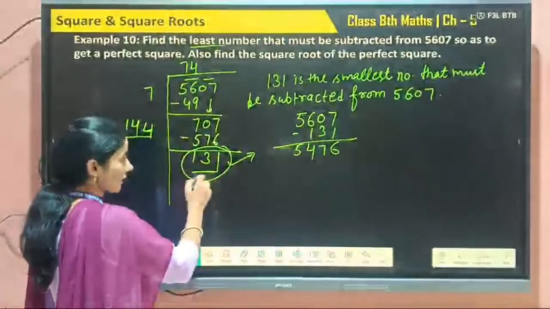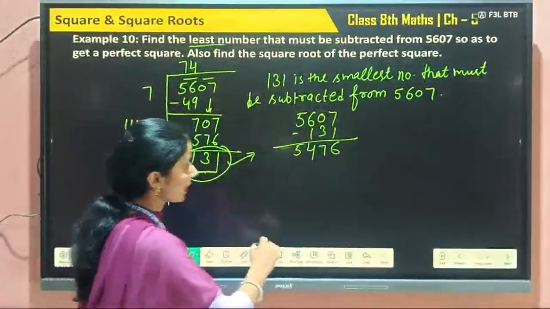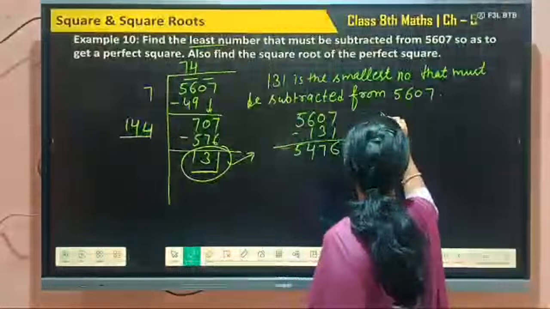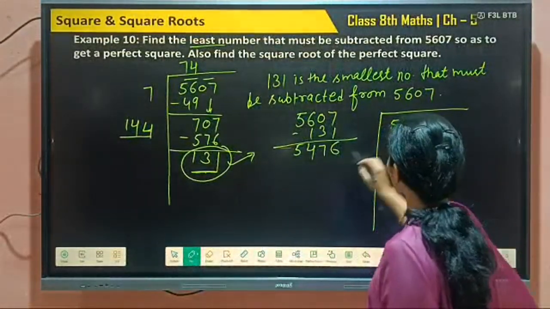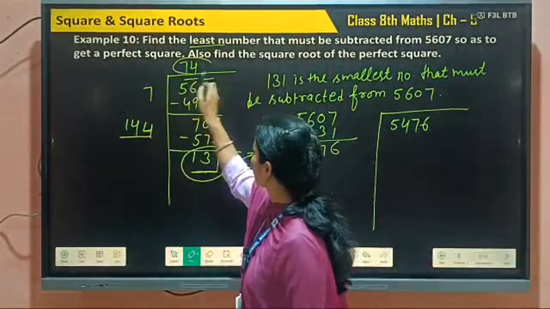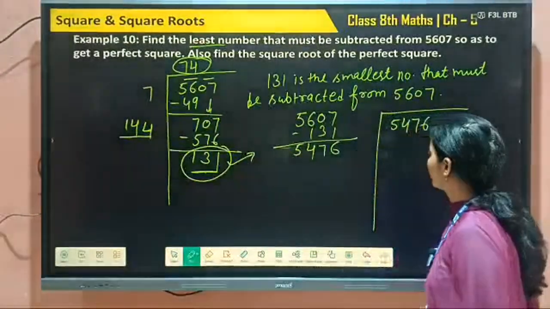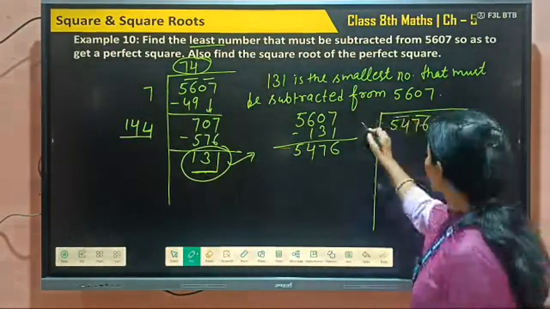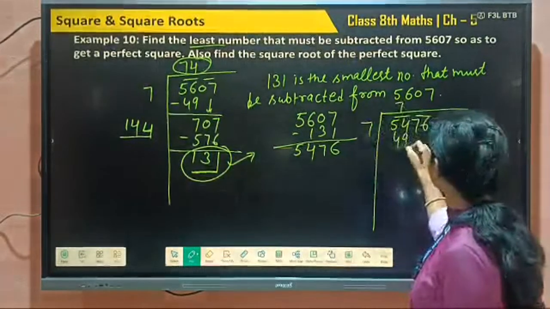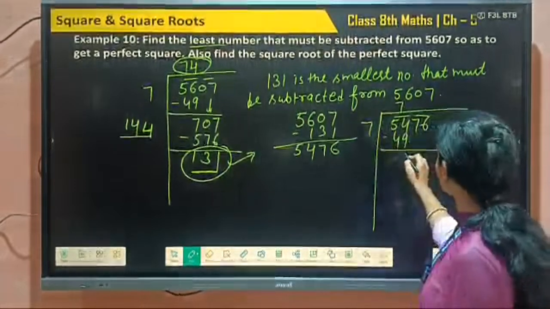This remainder we have subtracted, and if you find the square root of this number by the division method or by the factorization method, what will be its square root? The square root will be 74. Let us verify. 7 7s are 49. What will be the remainder? 7.